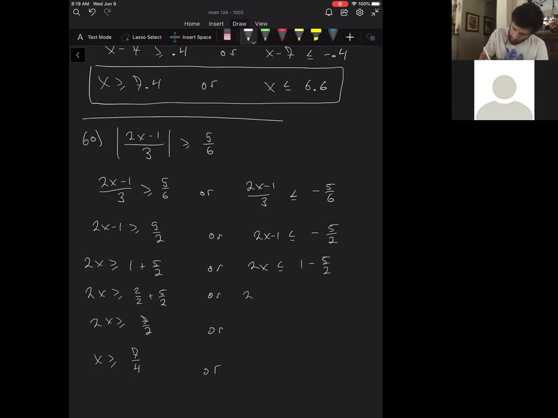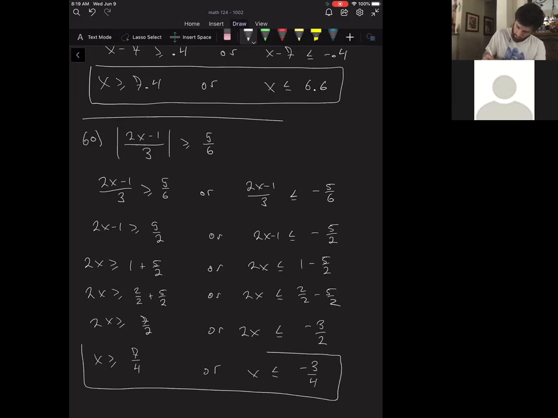Then let's do our common denominator. 2x is less than or equal to 2 over 2 minus 5 over 2. And here we have 2x less than or equal to minus 3 over 2. And then if we divide by the 2, we get x is less than or equal to minus 3 over 4. So then we have these two answers, or this whole answer, but with two parts.